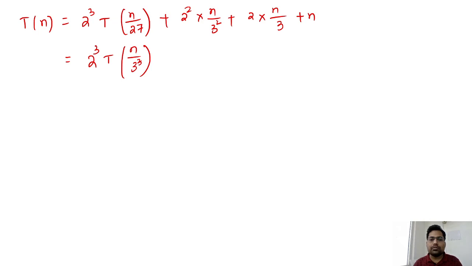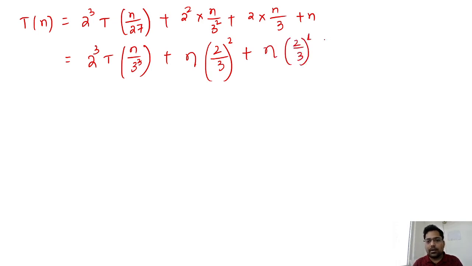It's only 2 squared, which is 9, that we have already gone for. Here you can write (2/3) squared, definitely. Now n times (2/3) to the power 1, and (2/3) to the power 0, because nothing is there, 1 is there, anything to the power 0 is 1. We are trying to find a pattern.